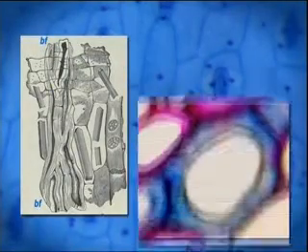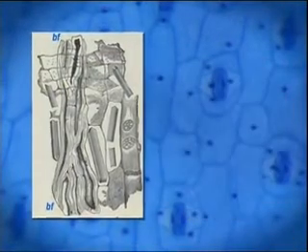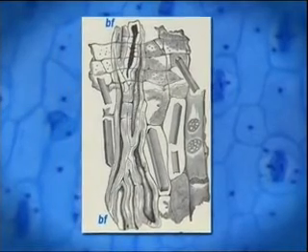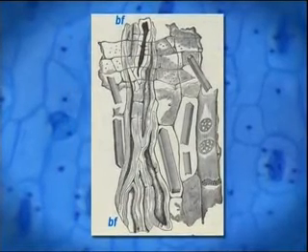Fourth component of the phloem, that is sclerenchyma cells. The sclerenchymatous cells present in phloem are fibers and sclereids. The phloem fibers occur in both primary and secondary phloem. The walls of primary phloem fibers have both cellulose and lignified thickening.